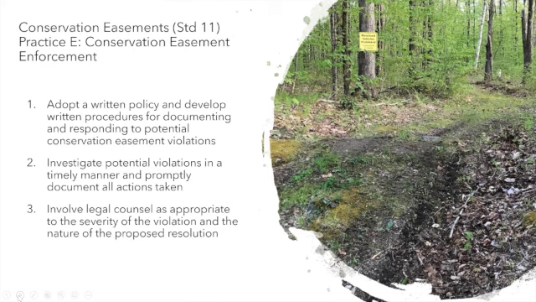I've really found that many land trusts use a variation of the same template that's available on the Land Trust Alliance's Learning Center. It's pretty easy to find if you go into the Learning Center and look up the resources around Standard 11 Practice E.